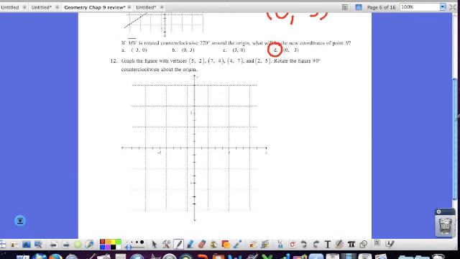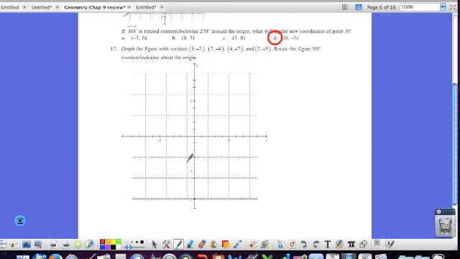Number 12, graph the figure with those vertices and then rotate the figure 90 degrees counterclockwise.